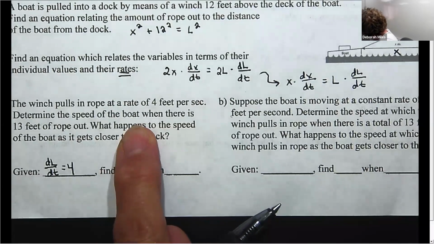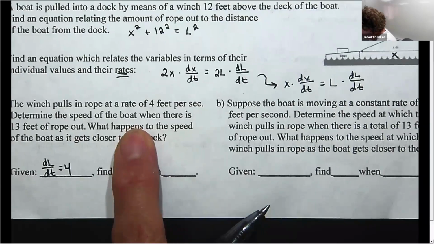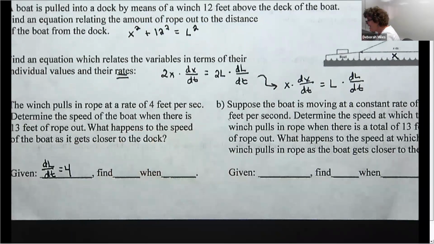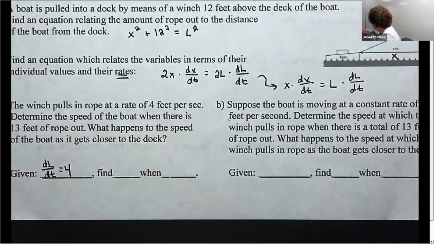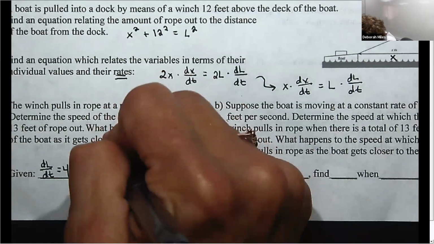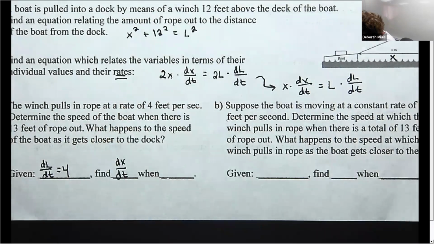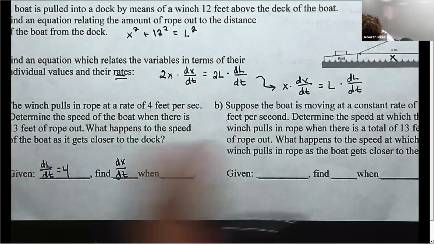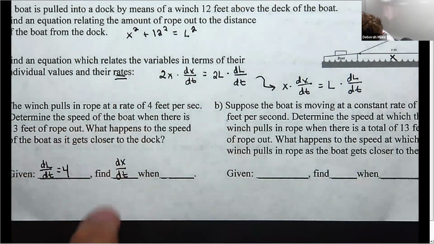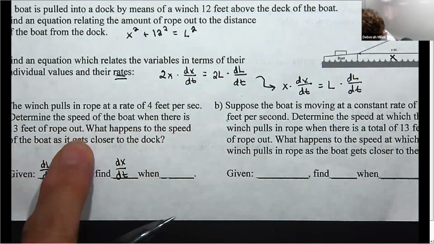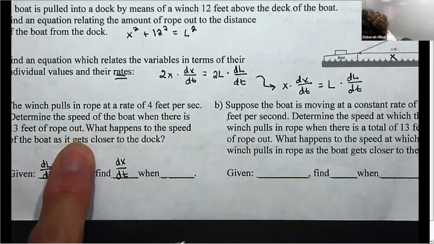We don't have anything about speed of the boat. It's how fast X is changing. How fast the boat is approaching the dock is dx over dt. And the other thing we're given is determine the speed of the boat when there's 13 feet of rope out. What's that 13? That's L.